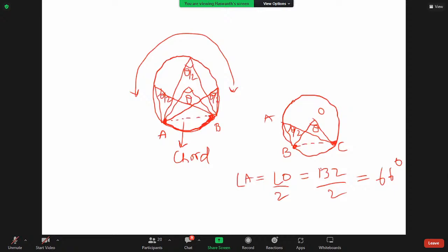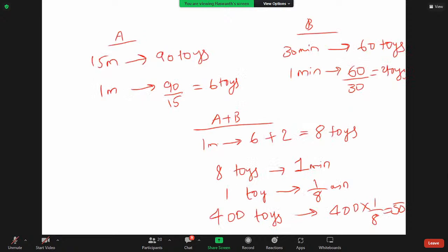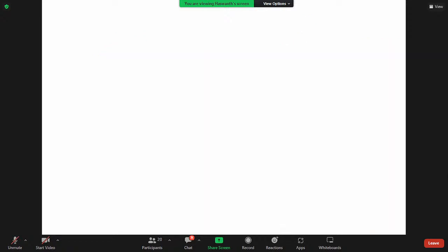Next one is an application of this concept. He's asking about the angle in a semicircle. If you draw a diameter in a circle, it will divide the circle into 2 equal parts.